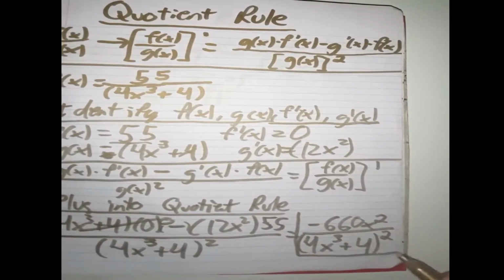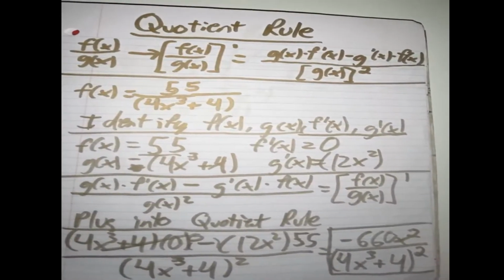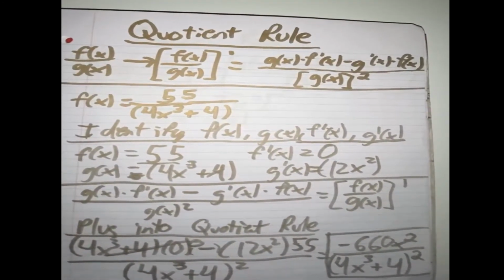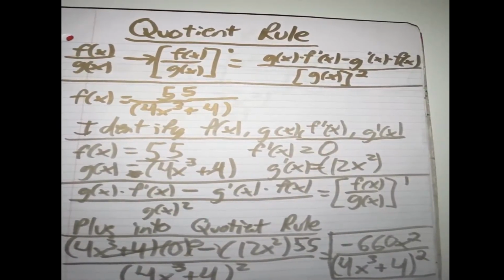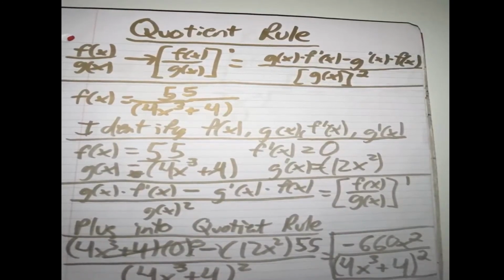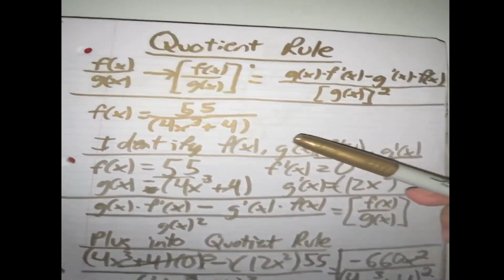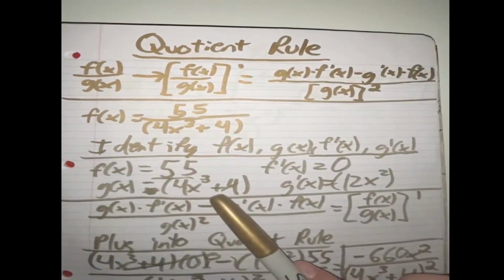And that's how you apply the quotient rule. So step 1, recognize it's a quotient rule derivative when you have a function in the numerator divided by a function in the denominator. Next, identify your numerator as f of x and your denominator as g of x, as we did right here.